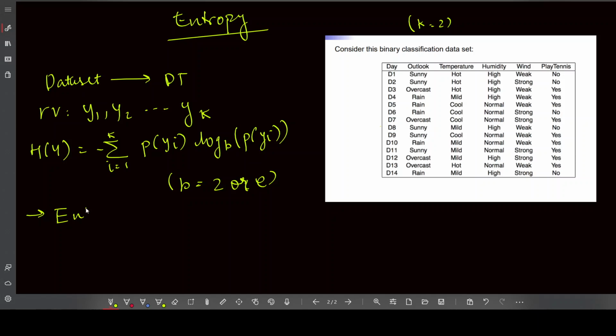Entropy is basically a measure of randomness.